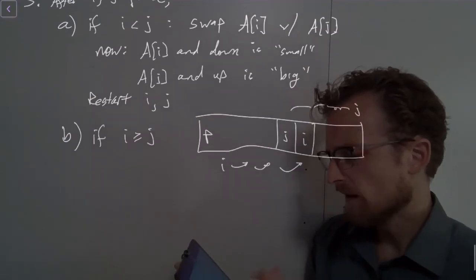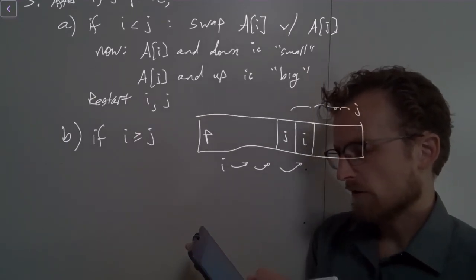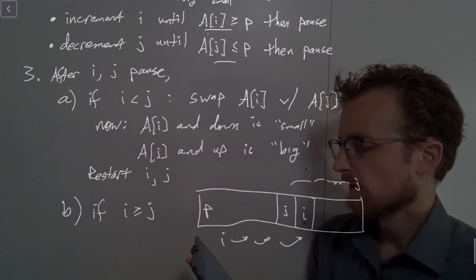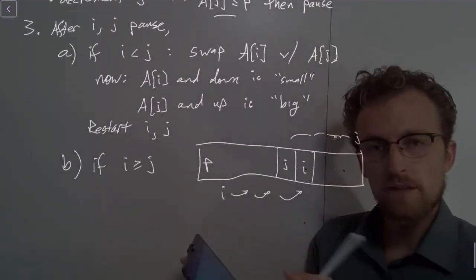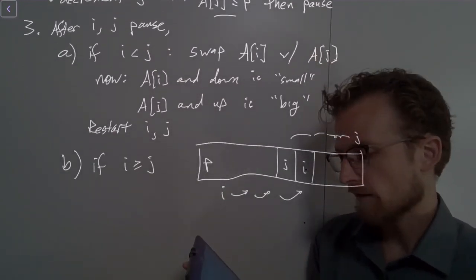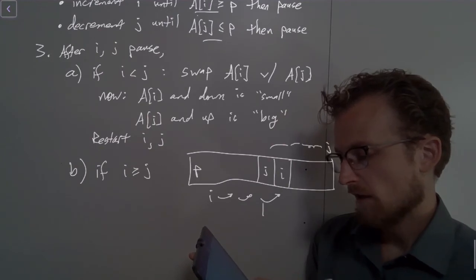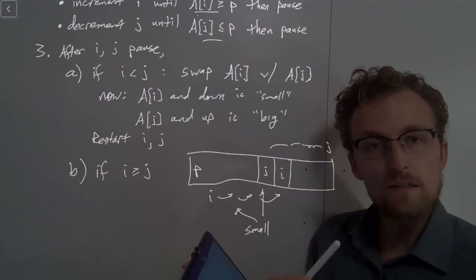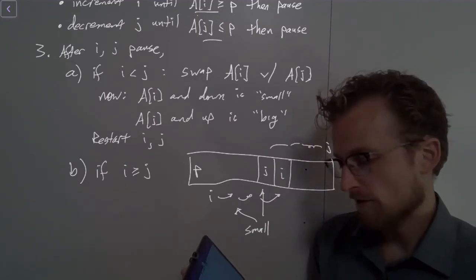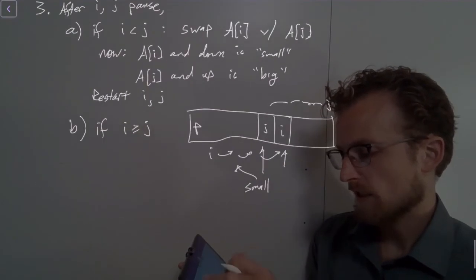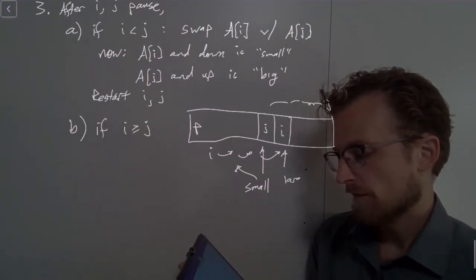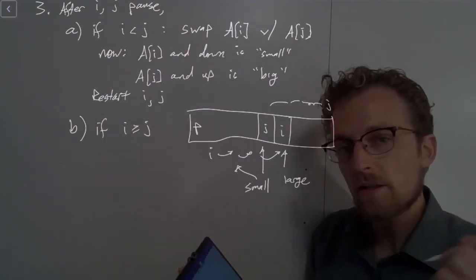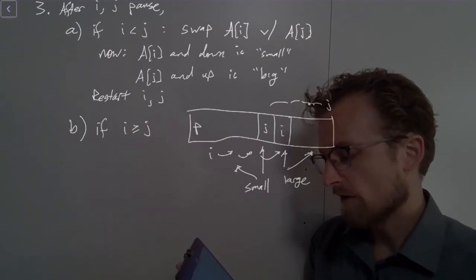So what does this mean? Well, if j stopped, what does that tell us? It tells us that it has something small in it. So a[j] is small, and in fact, everything down here is small. And if i stopped, that means it found something large, so this is something large. And the fact that j made it as far as it did means that everything up here is large.